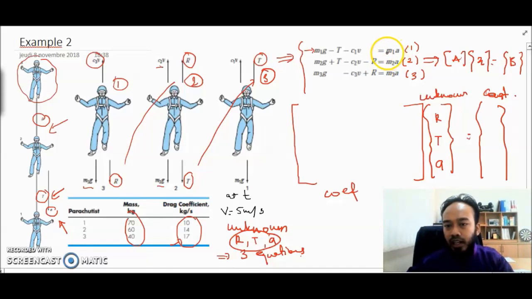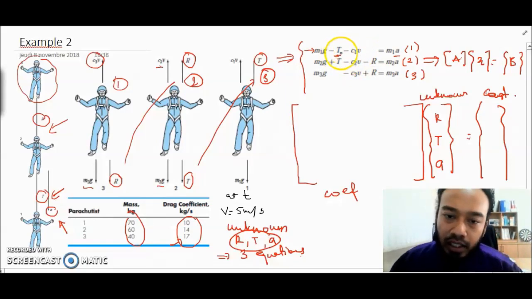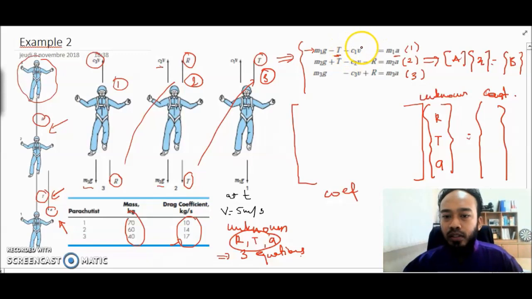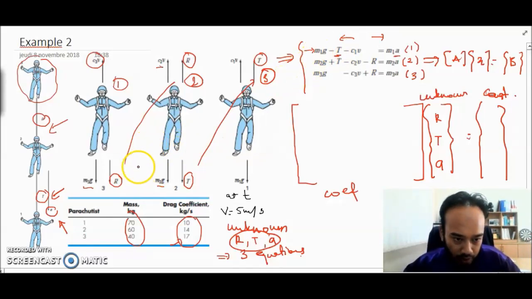What are the unknowns that we have here? The unknowns are T and A. So you have to rearrange the equations in order to put all the unknowns on one side and all the constants on the other side. M1G is a constant. Why? Because for M1 we have the value here: mass 1 equals 70 kilograms.